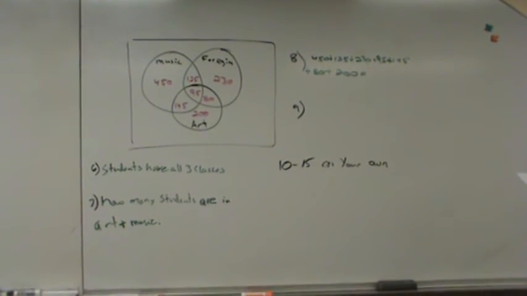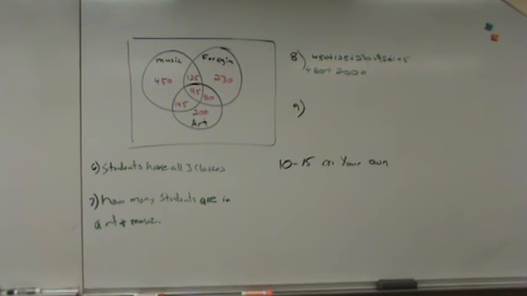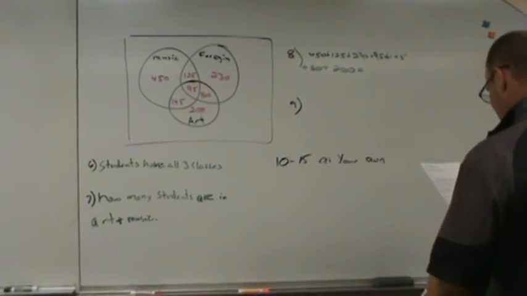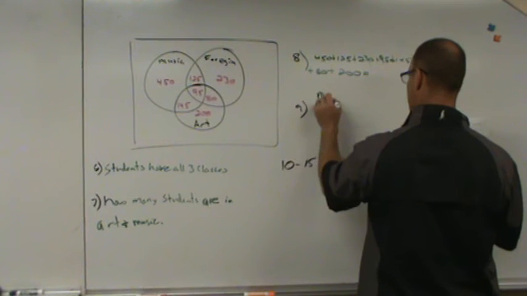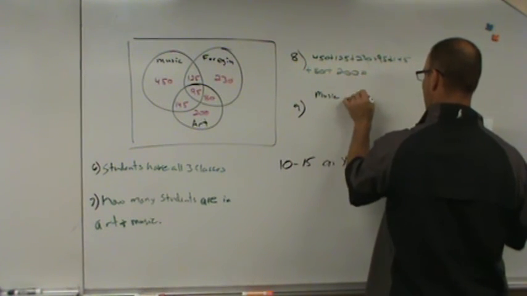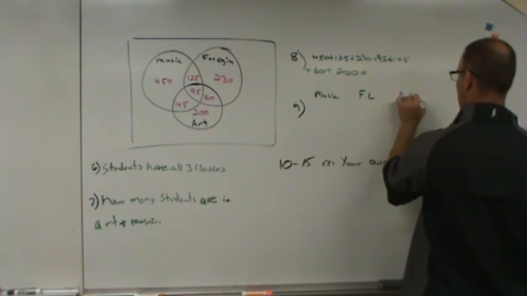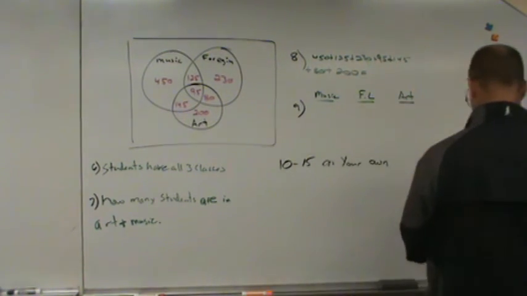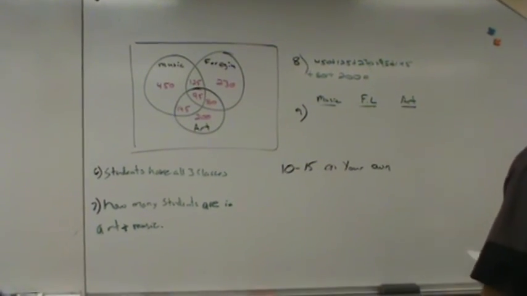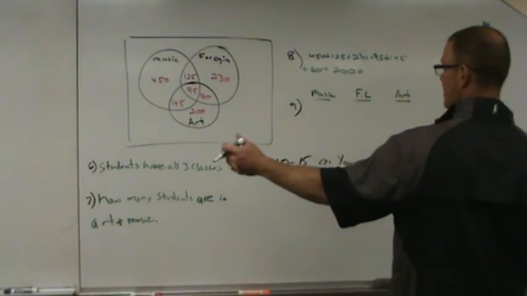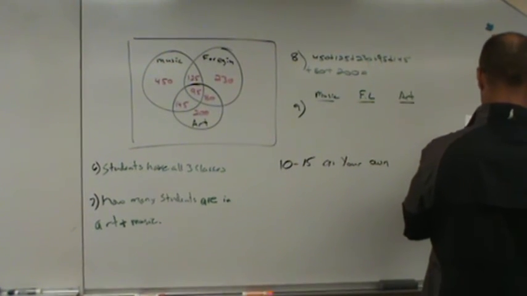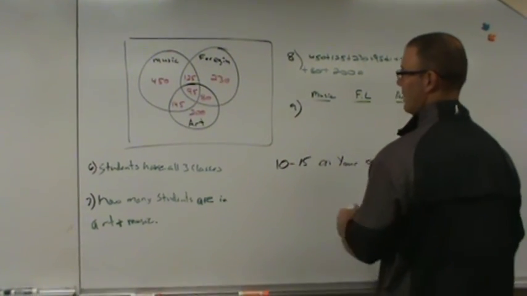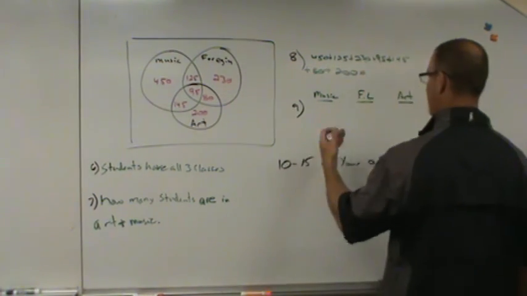Okay? Which elective class has the least number of students enrolled? Well, we have music, foreign language, and art. How many students are enrolled in music? It doesn't say which is in both, it just says which class.